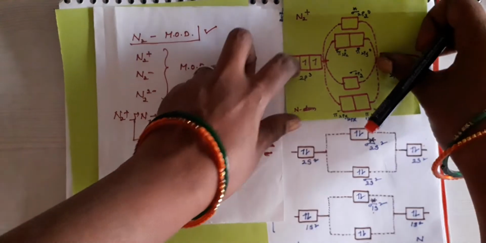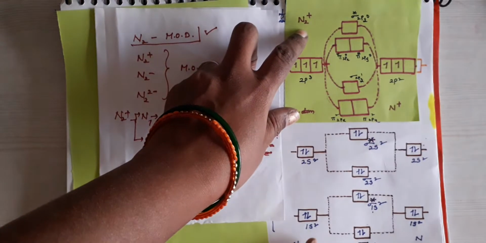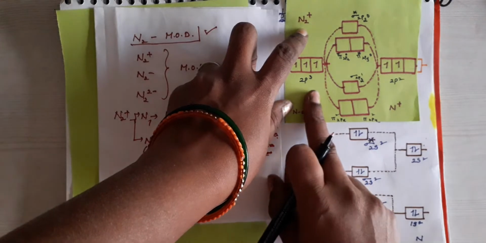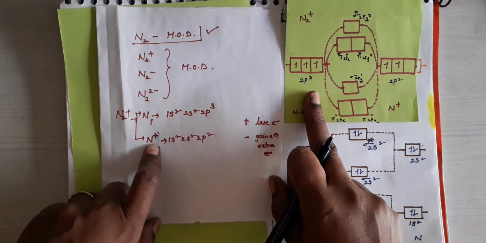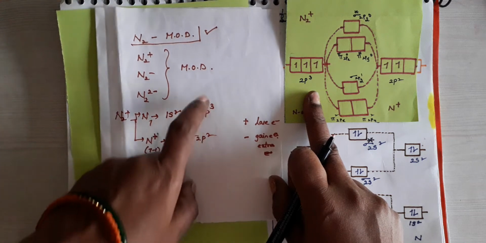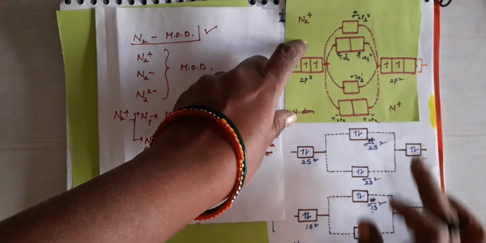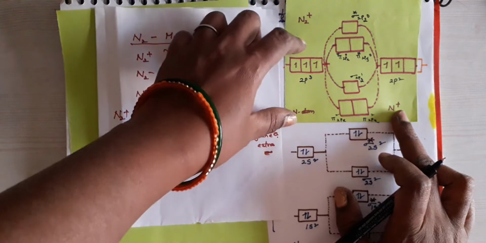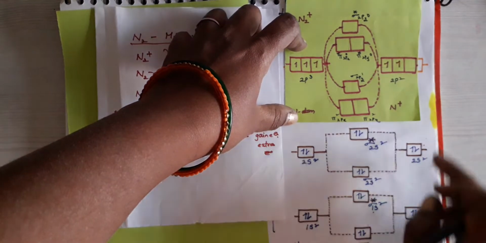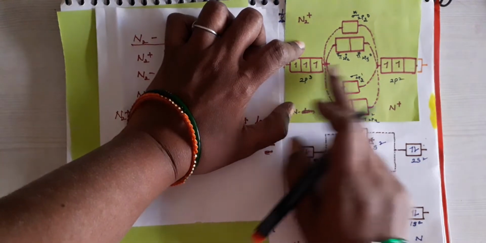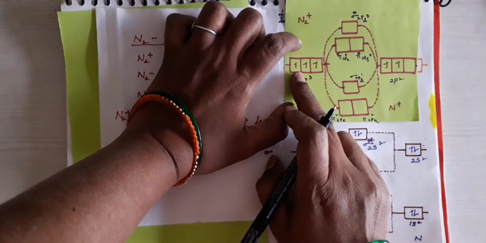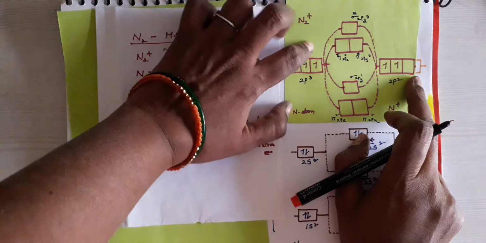Up to here it is the same, 1s2 2s2 2p3, 1s2 2s2 2p3, but here, for plus, we have to decrease one electron on one side, so 1s2 2s2 2p2. According to that, completely how many electrons? 1 2 3 4 5, totally 5.